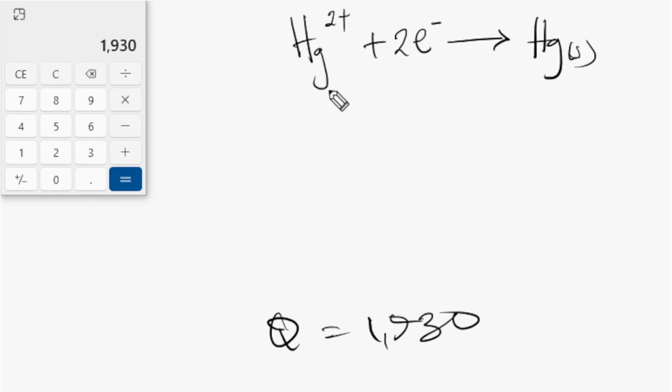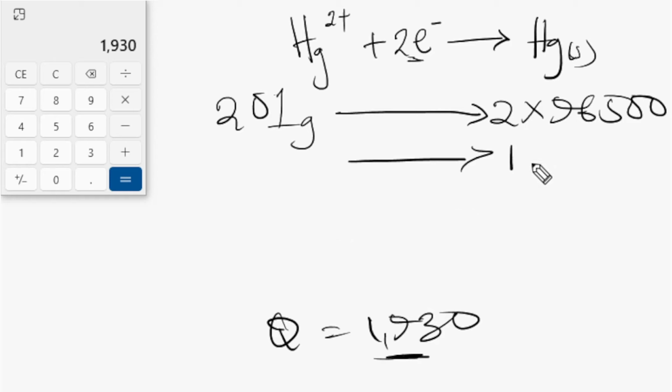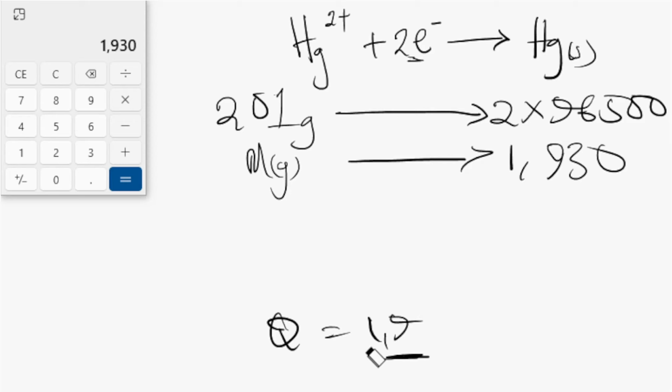So with this, I definitely know that the atomic mass of mercury, which is 201, as given to us here, will require 2 times the Faraday's constant, that's 2 times 96,500. So in this case, I have my charge, the second charge given here, and that's 1,930. So I'll be looking for the amount, which is the mass here. So let's call this mass in grams. So I'll go ahead and wipe these lower parts here.